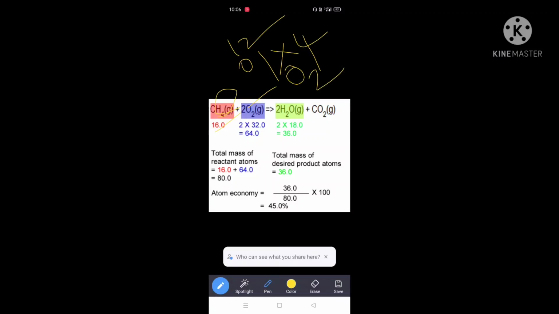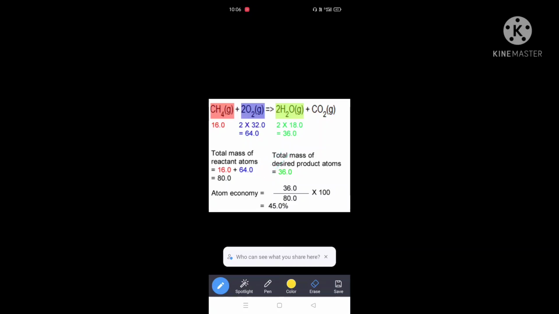The atomic mass of oxygen is 16. How many oxygens are present in O2? 2. 16 into 2 is equal to 32. But here we take 2 moles of O2, so we write 2 into 32 is equal to 64.